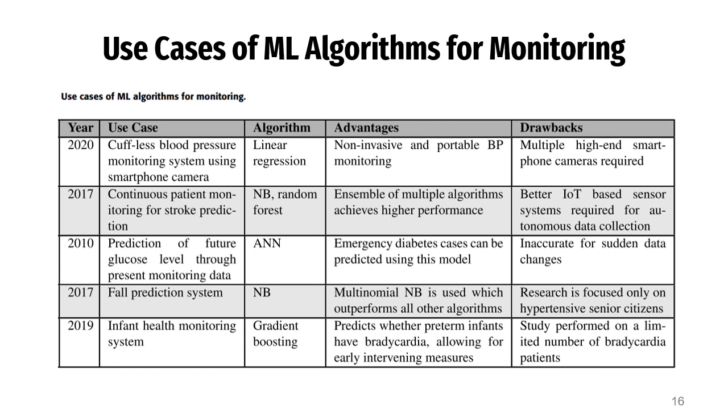A drawback: the study was performed on a limited number of bradycardia patients, so the availability of the dataset was lesser, which will affect the accuracy of the prediction for another kind of patient.